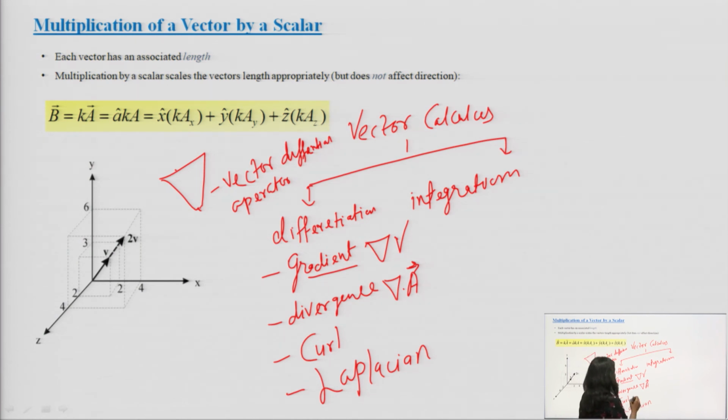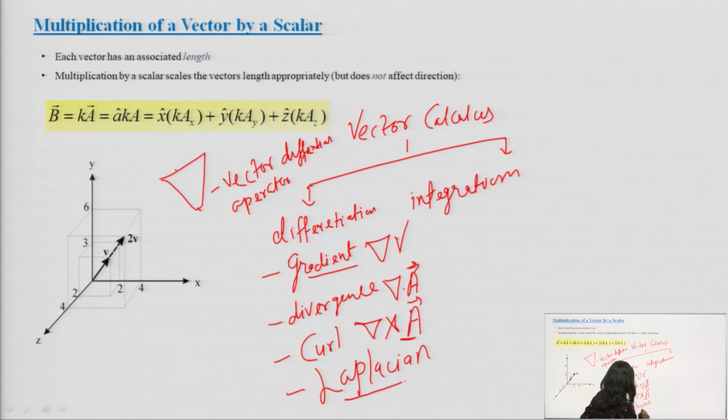Similarly, curl is nothing but the cross product of the del operator with any vector a. Curl maps a vector into a vector, because this a is already a vector and the final result, that is del cross a, will also be a vector. So curl maps a vector into a vector.